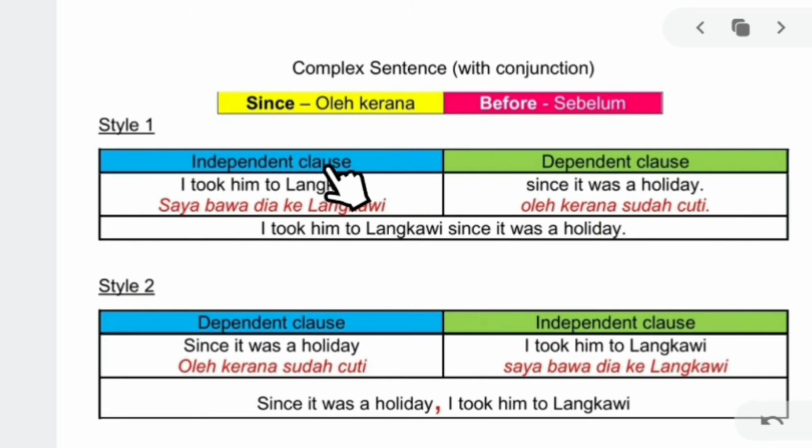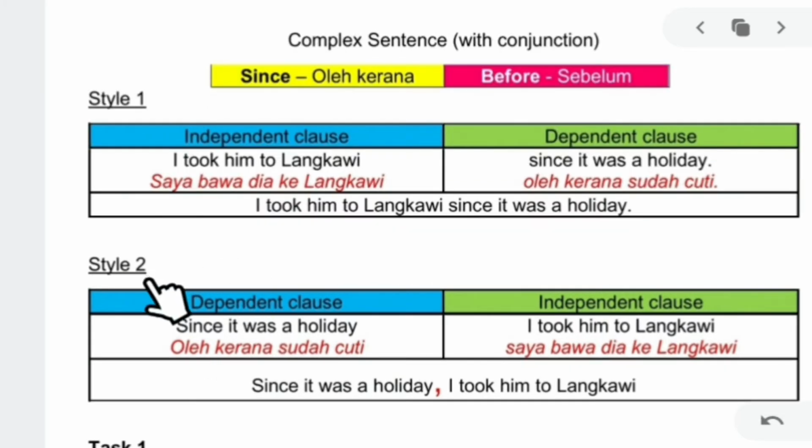Ini adalah satu ayat yang lengkap. For the dependent clause, since it was a holiday. Oleh kerana sudah cuti. So when you combine these two clauses, it becomes I took him to Langkawi since it was a holiday. Apabila kedua-dua klausa ini digabungkan, ia menjadi satu ayat yang lengkap seperti yang diberikan ini.